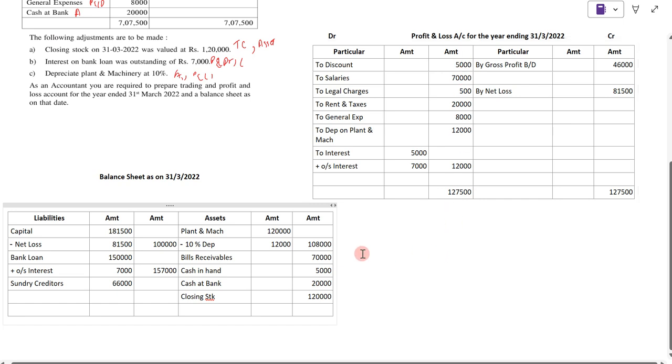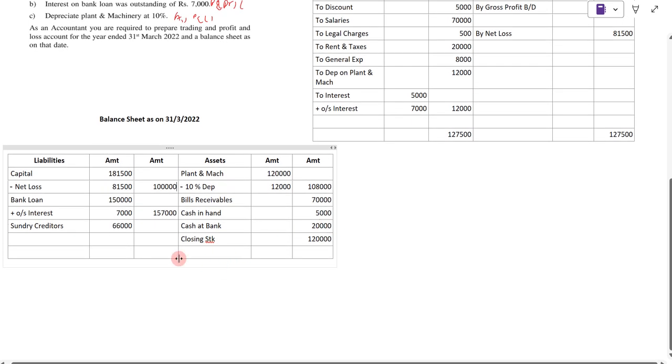Okay. Now tally: do the total of assets and liabilities. Check whether asset side and liability side are the same.